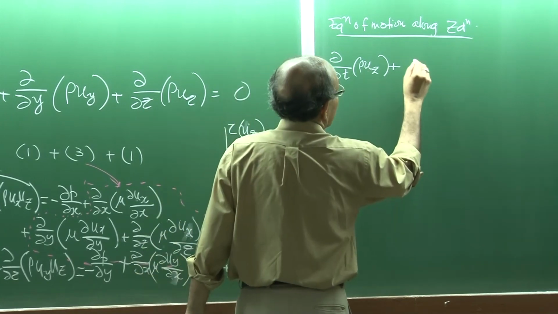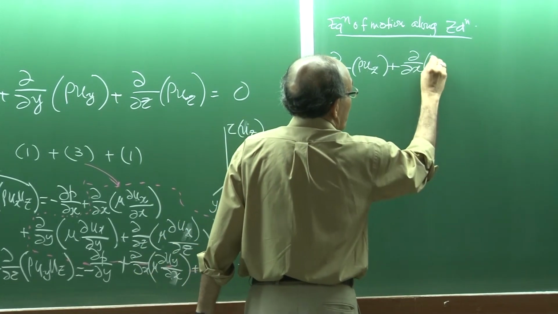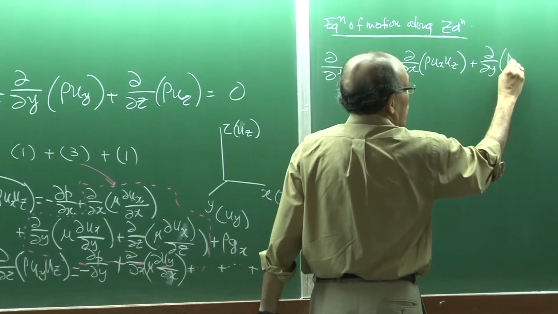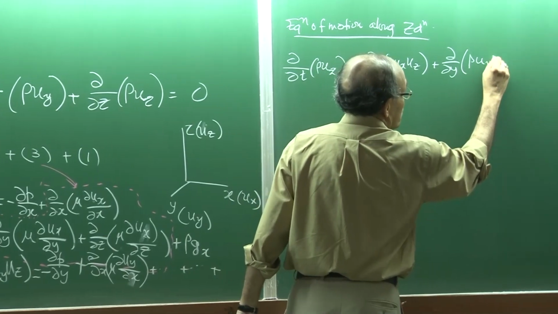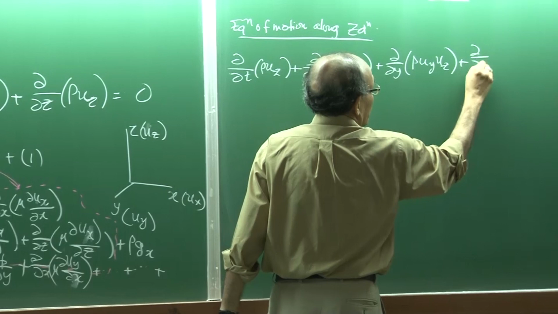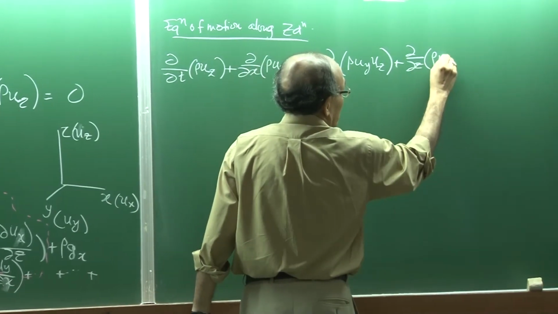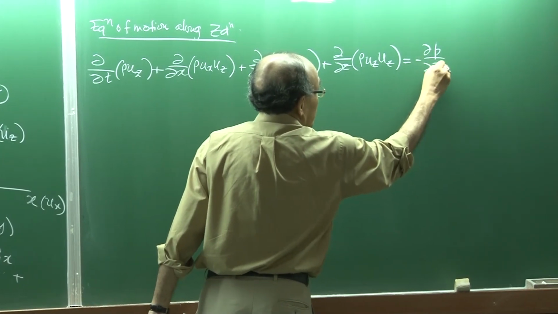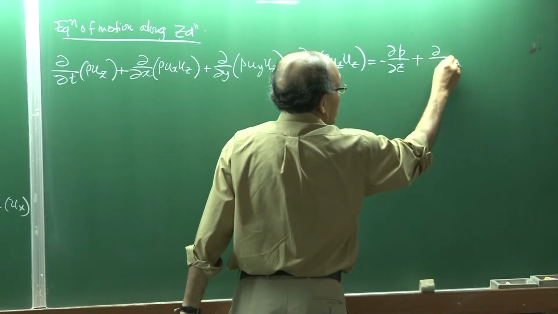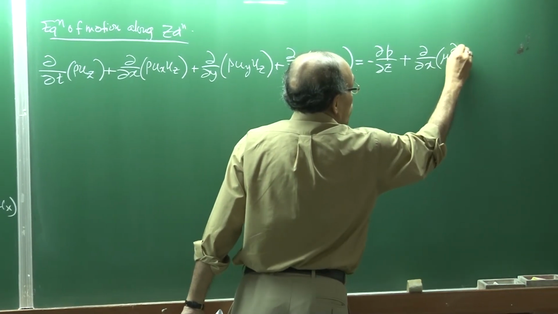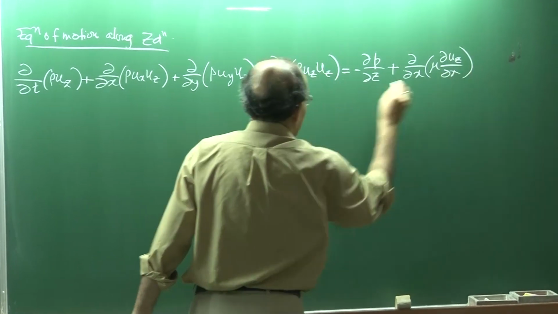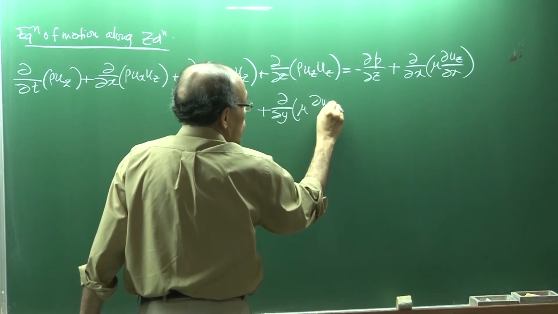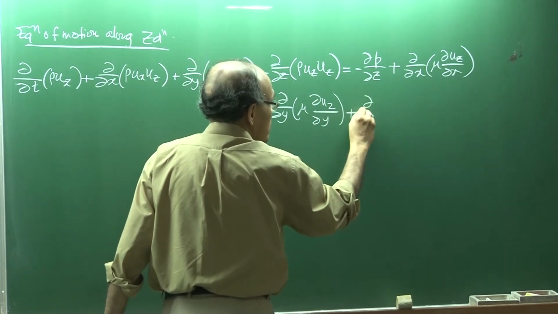So, this is the conservative form, and then I can write down, say, ux uz, ux uy uz, and then I will have uz uz, and then pressure gradient along the z direction, plus the second order derivatives, first with respect to x, then with respect to y, and then with respect to z.